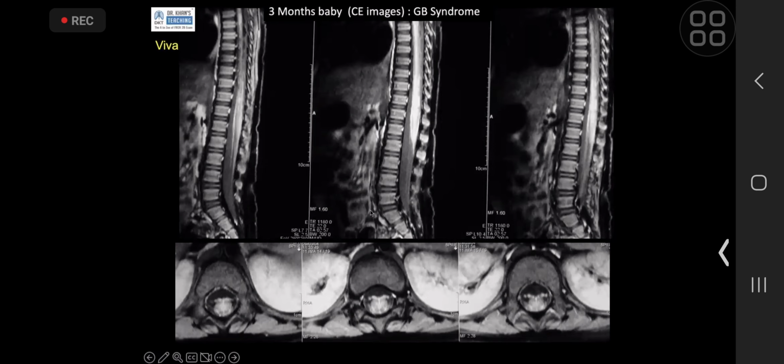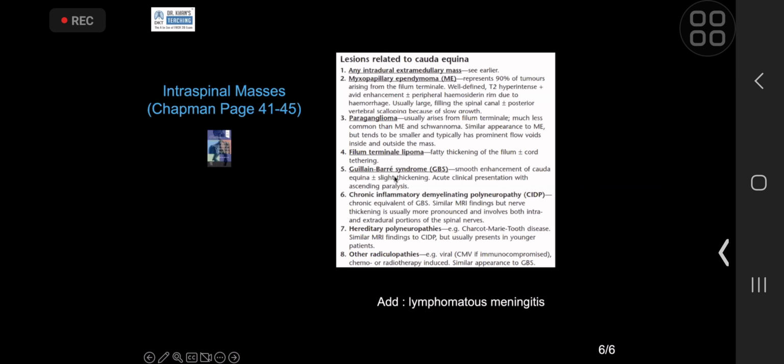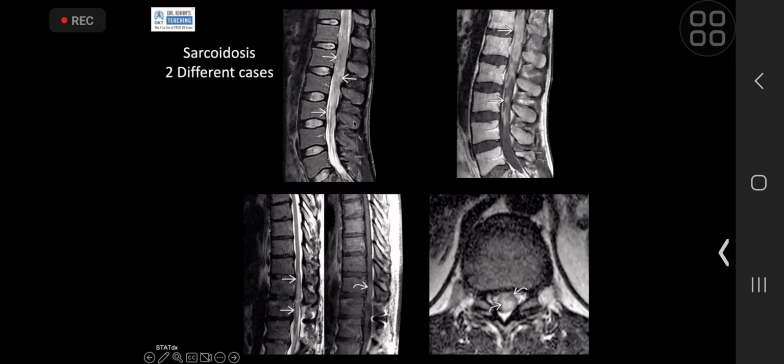So Guillain-Barré is, of course, if you see here, these are the various differentials. This is GBS and other entities. So sarcoidosis should always be in your differential. Please remember that candidate one did well, where sarcoidosis he did consider, but the problem was that he did not ask for a pre-contrast, and that is why he thought that it is enhancing.